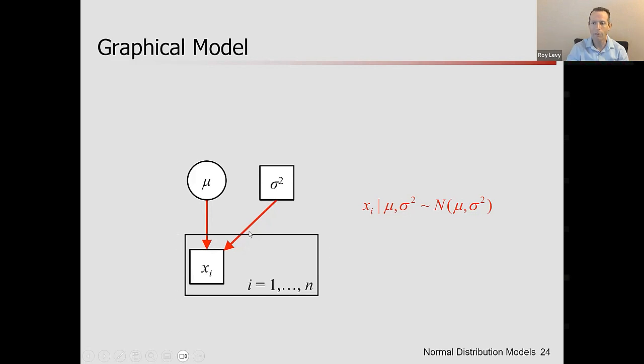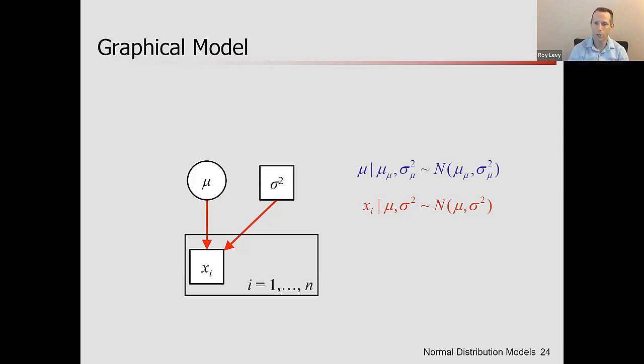The rectangle or box down here, that's our plate, which signals there isn't just one x. There's an x for every value of i going from 1 up to the number of data points we have. This portion of the graph corresponds to that expression on the right-hand side of the slide.